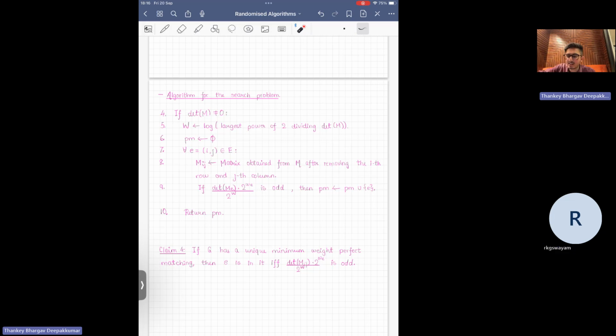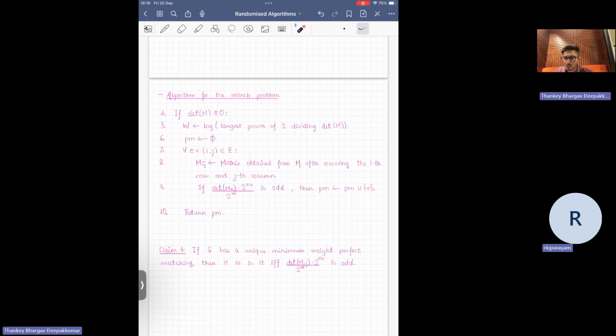So the matrix M is related to the Tutte matrix. The Tutte matrix is related to the adjacency matrix, right? The bi-adjacency matrix. So we are removing some row and column from M. So let's see what removing that row and column from the adjacency matrix would do, right?